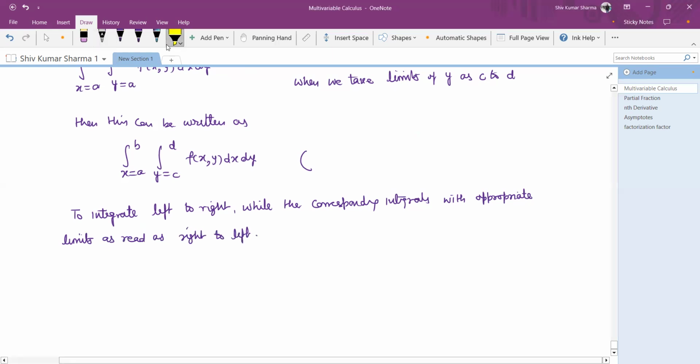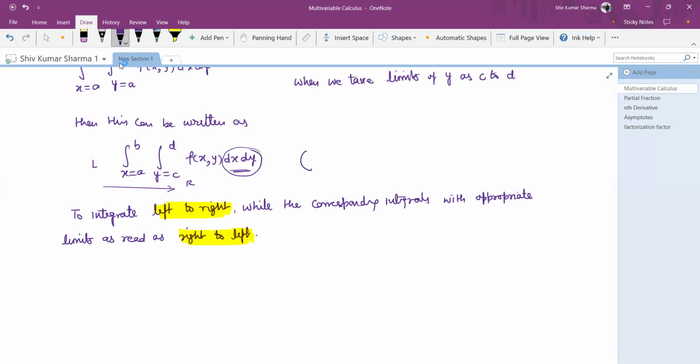So basically we integrate left to right. Left to right means we move from the left-hand side to the right-hand side. So as per dx dy, the first limit will be for x and the second limit will be for y.